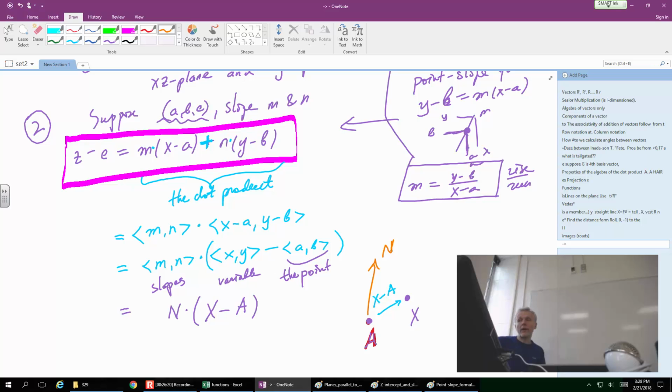So then the right-hand side is I multiply this vector x minus a by the vector n. It is just a way to rewrite the original right-hand side in our equation over there in a more compact vector form.